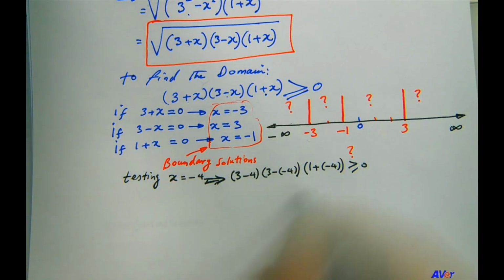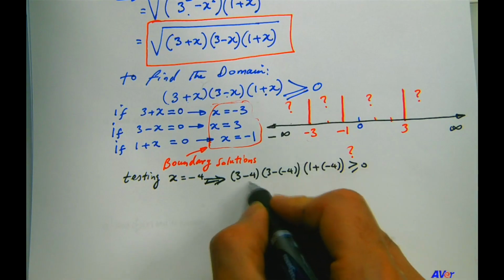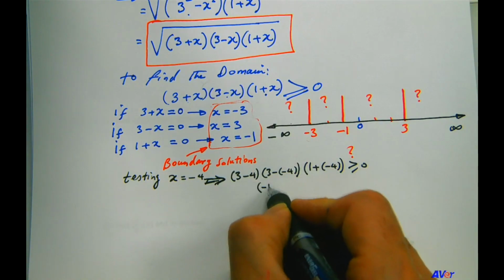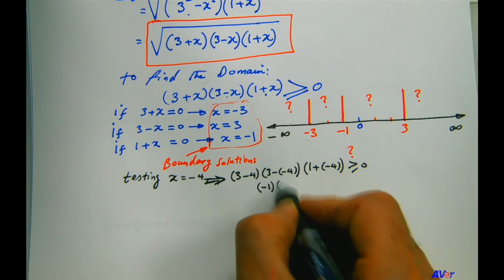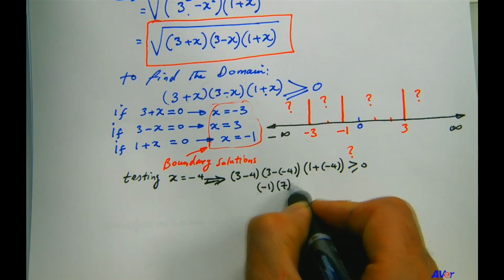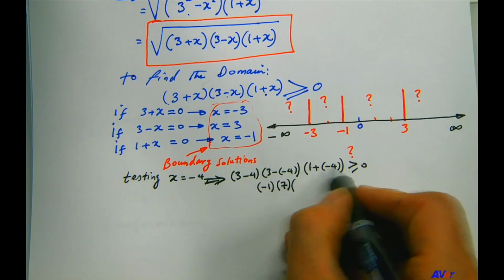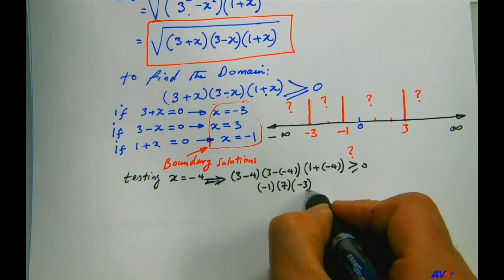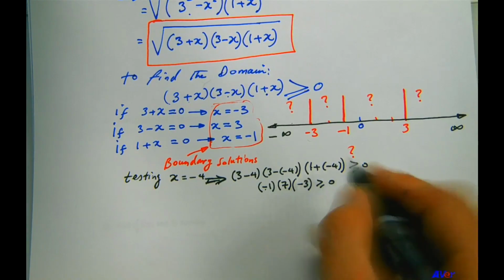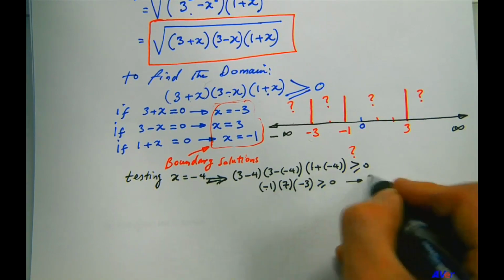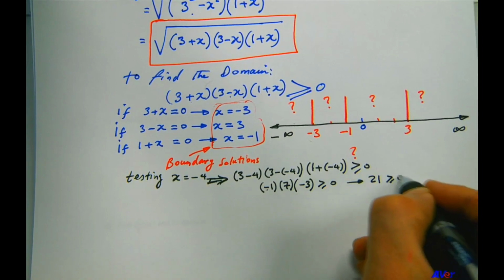Okay, so what do we have? 3 minus 4 is -1. 3 minus -4, that's +4, plus 3, that's +7, times 1 minus 4 is -3. So minus times minus is positive. We end up with +21 greater than or equal to 0.